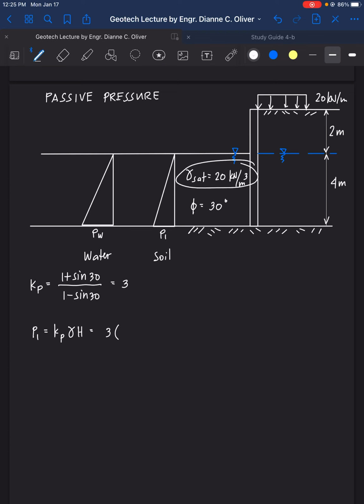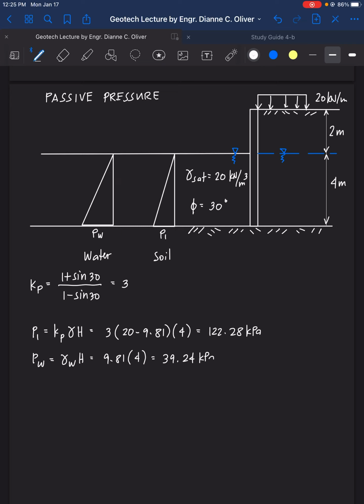We have here gamma sat 20, therefore gamma buoyant is 20 minus 9.81, we remove the water. The height here is 4. So 122.28 kilopascal. Next we have P water. P water is gamma water times height, 9.81 times 4. And that is equal to 39.24 kilopascal.